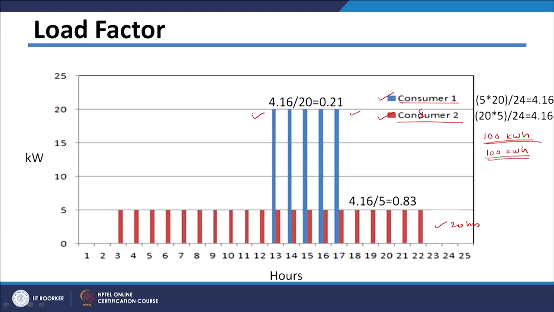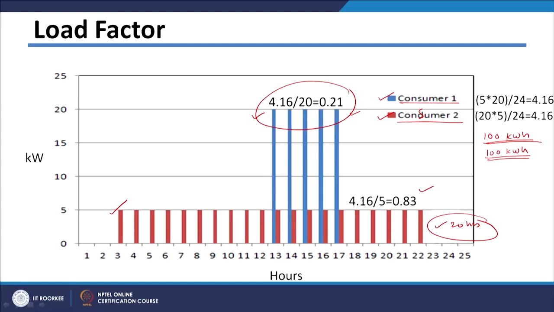However, to feed consumer number 2, the utility needs only 5 kilowatt capacity. To get this 20 kilowatt capacity, the utility needs extra generation, and because of that the utility cost will increase. So from the utility point of view, they will prefer this consumer because it has a higher load factor.